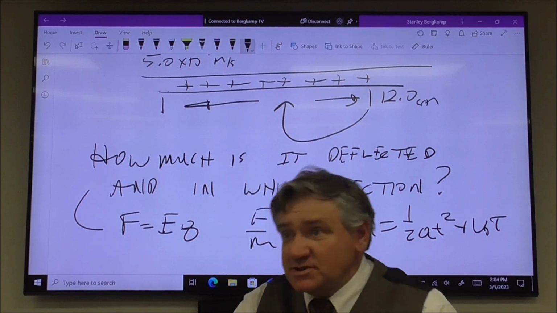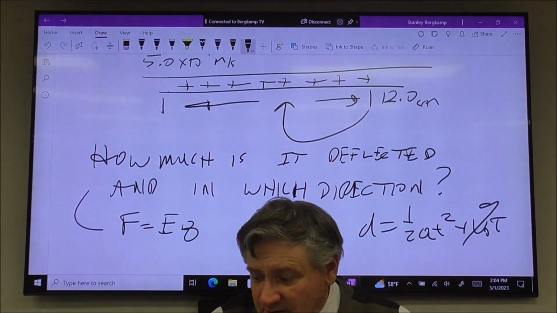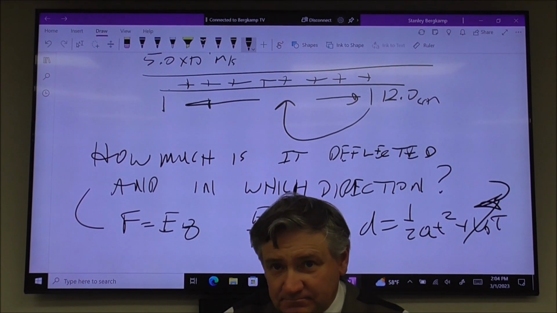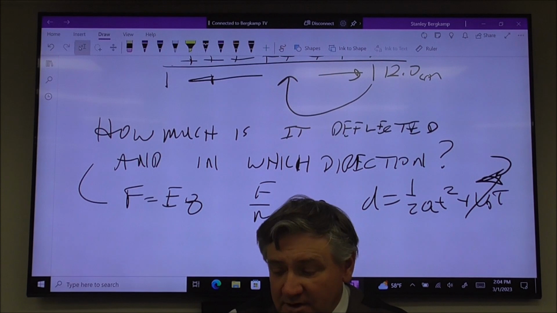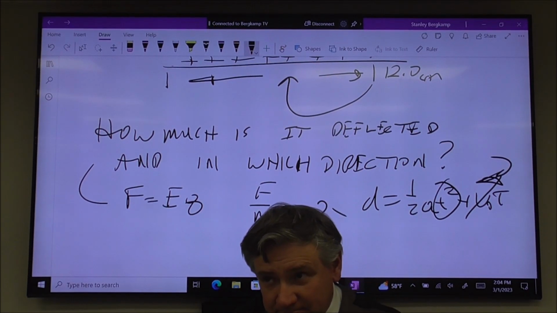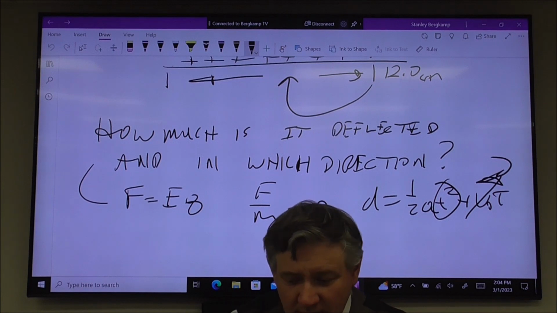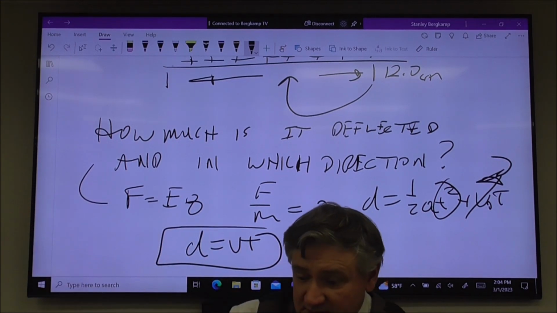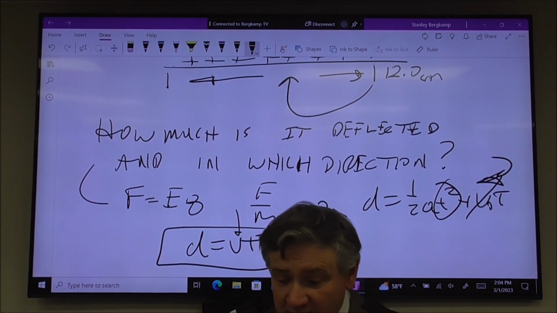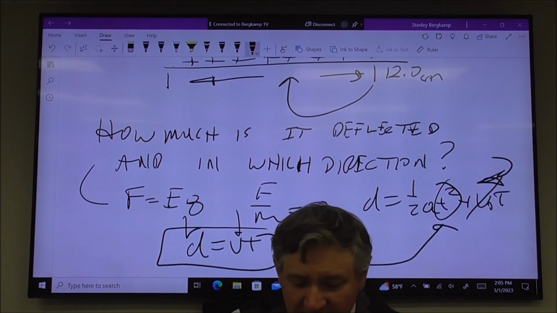So what's your initial vertical velocity? 0. This part drops out. How are you going to get your time? To get your time, you're just going to use distance equals velocity times time, because the horizontal velocity is a fixed value. Your distance is a fixed value. Take that time, plug that in there.